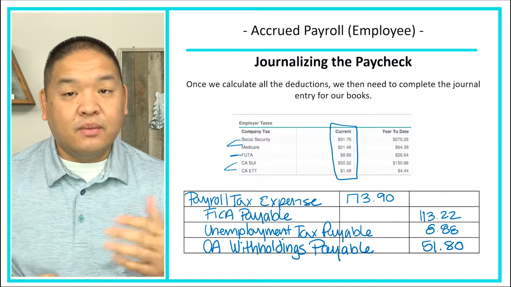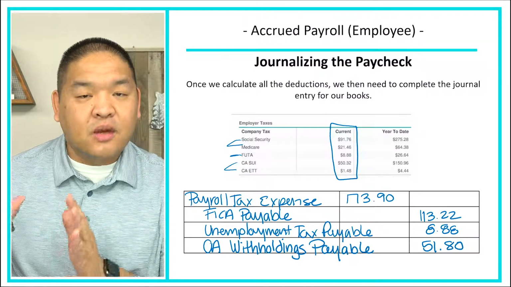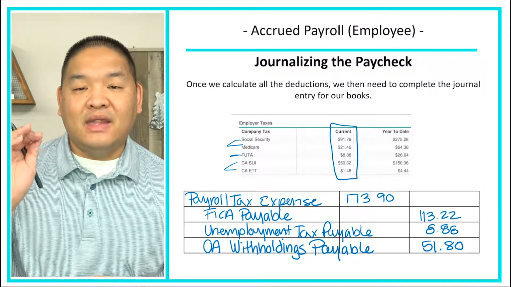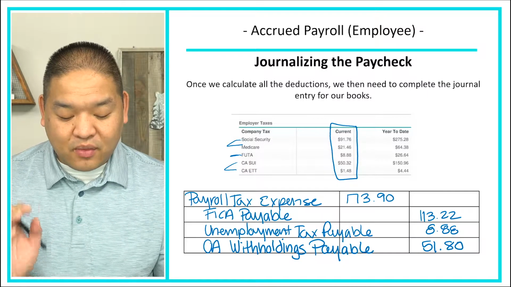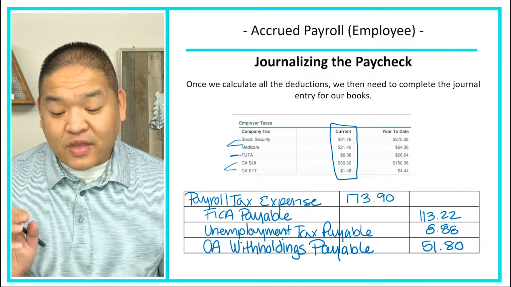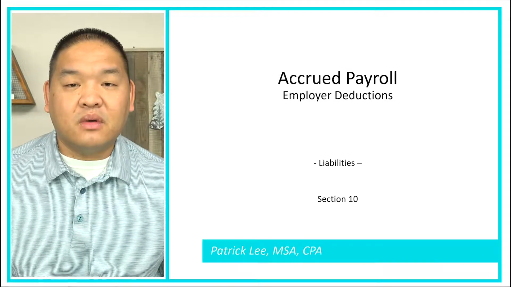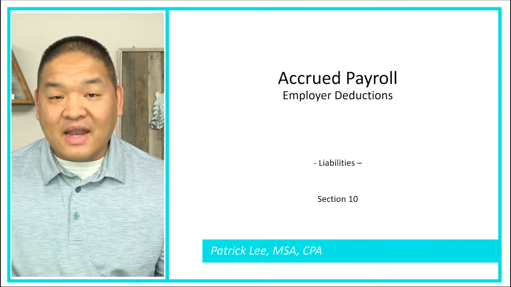When we pay an employee, this is the journal entry that we're going to make for the employer's portion of their taxes. So we've got the employee's journal entry and the employer's. So that's what this looks like from an employer's standpoint. That is our lesson on accrued payroll from the employer's deduction side of the house.